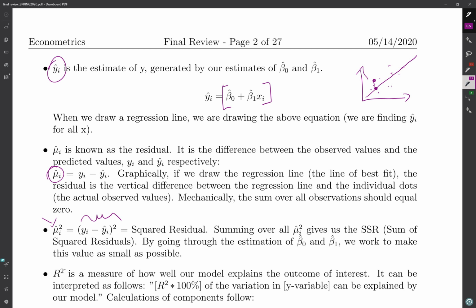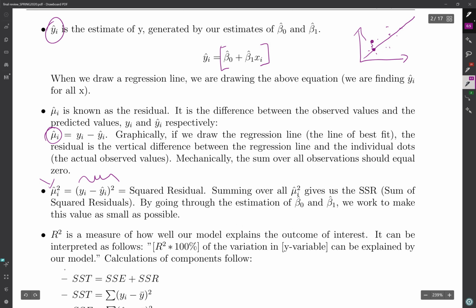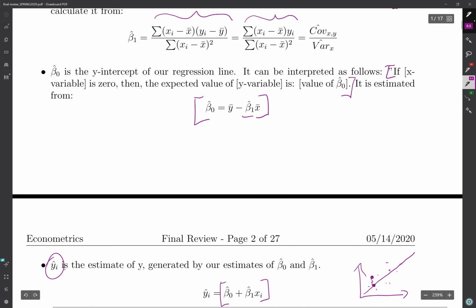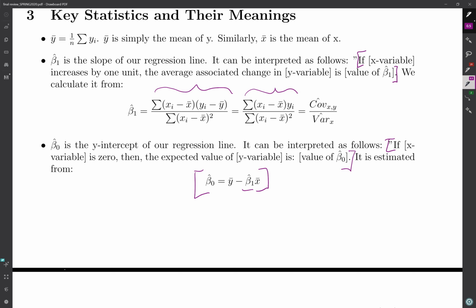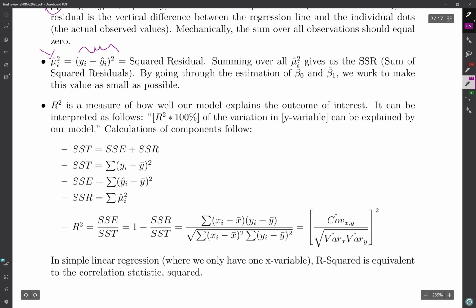Think about what that's doing. If we're making that as small as possible, that means the difference between all of these points and our estimate is small. That sounds like a good thing, right, as far as fitting our model? So we want to minimize that sum. That's how we motivated how we got beta 0 and beta 1 hat.